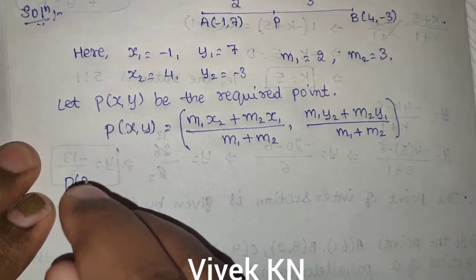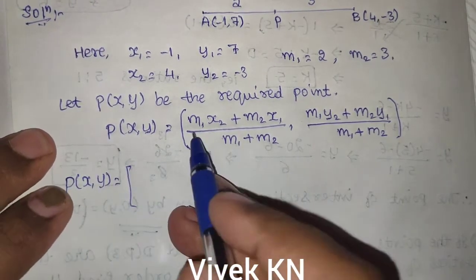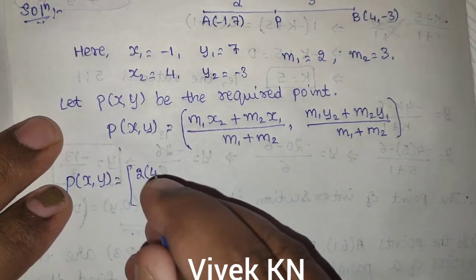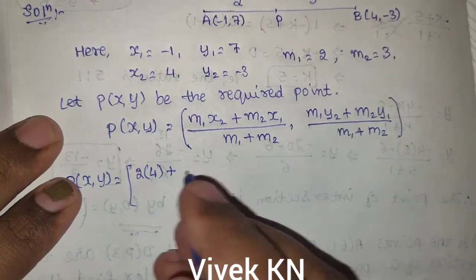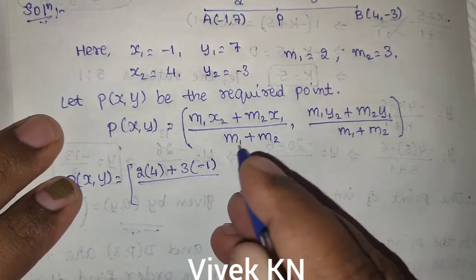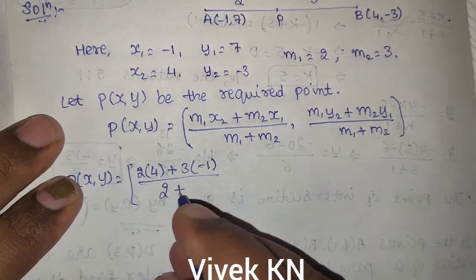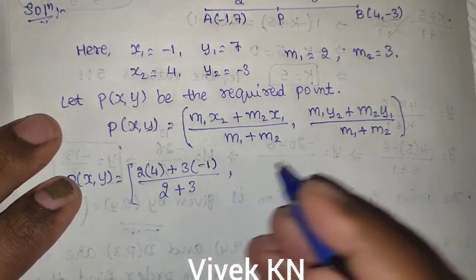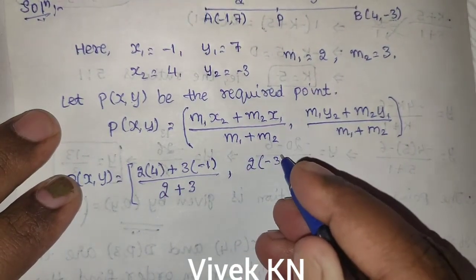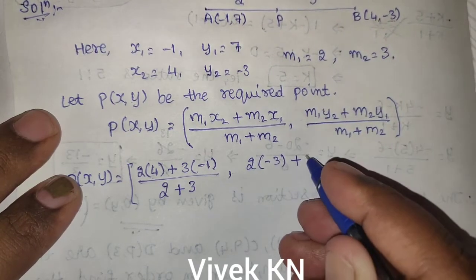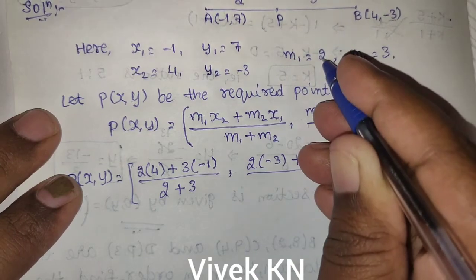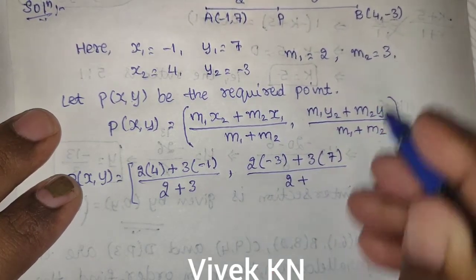So P(x, y) is equal to, the value of m1 is 2 into the value of x2 is 4, plus the value of m2 is 3 into the value of x1 is -1, divided by the value of m1 is 2 plus the value of m2 is 3, comma the value of m1 is 2 into the value of y2 is -3 plus the value of m2 is 3 and the value of y1 is 7, divided by m1 value is 2 plus m2 value is 3.